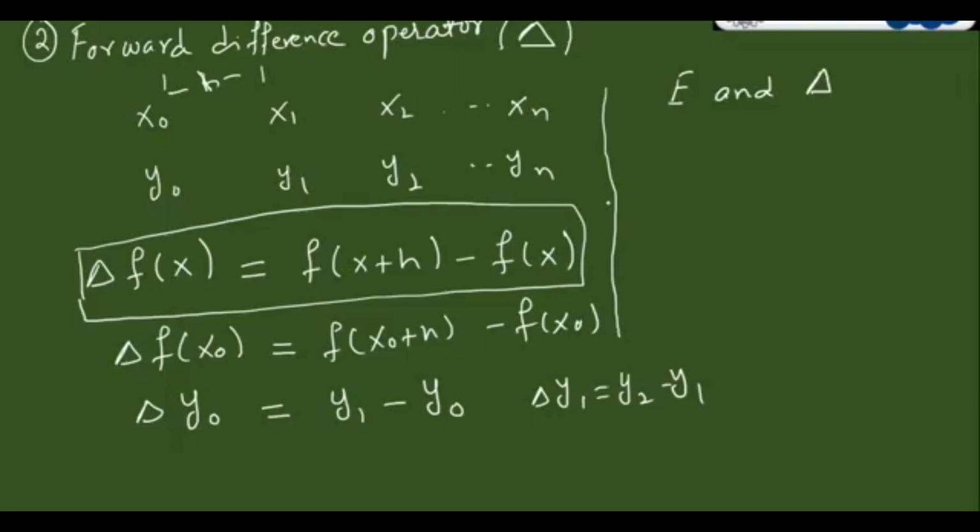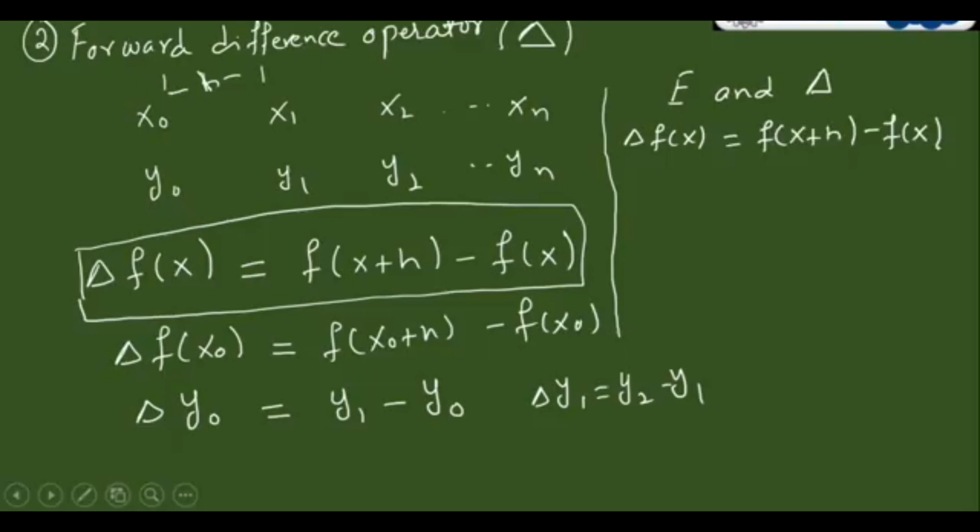If you look at this definition carefully, this one I am talking about, del f of x, the basic definition, you can clearly see there is f of x plus h minus f of x. So what I can do is write this thing again in a compact form: del f of x, the forward difference operator, is equal to the forward value minus the value of this function.